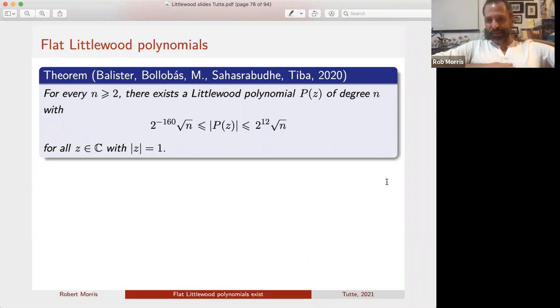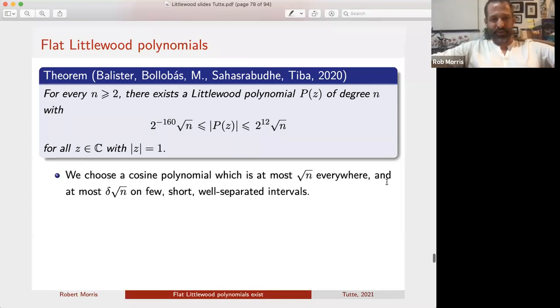So let's just remind ourselves what the theorem said again and the very gentle sketch. The theorem is there exist flat Littlewood polynomials. And the proof is as follows. We choose a cosine polynomial that's at most root n everywhere and at most delta root n on few, short, well-separated intervals.